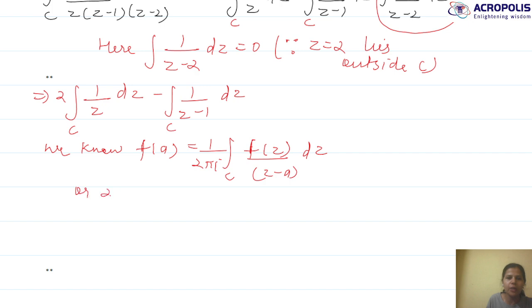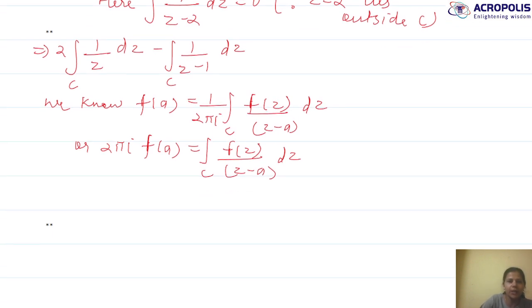Or we can write 2 pi iota f of a equals the integral along C of f of z upon z minus a dz. So the value of the integral is 2 pi iota f of a.